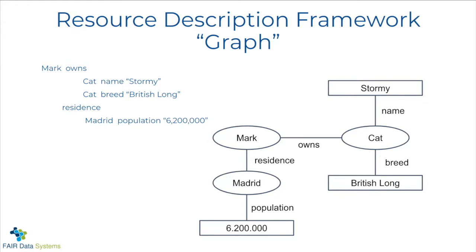So you can see, let me just switch on my pointer, this is the Mark owns cat, and cat's name is Stormy. What's interesting about these connections is that I haven't indicated, but they are directional. So it's not that the cat owns Mark, it's that Mark owns the cat. And in fact, the relationships are directional. So this is a directed graph.